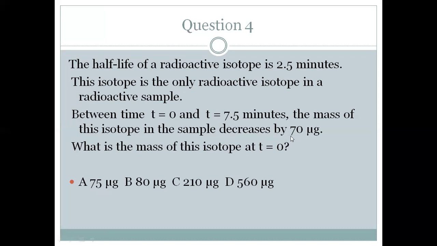It means it is 70 micrograms less than whatever it was in the beginning. What was the mass of this isotope in the beginning, at t equals 0? Total time is given as 7.5 minutes and the half-life is also given. So we can find the number of half-lives by using the formula.